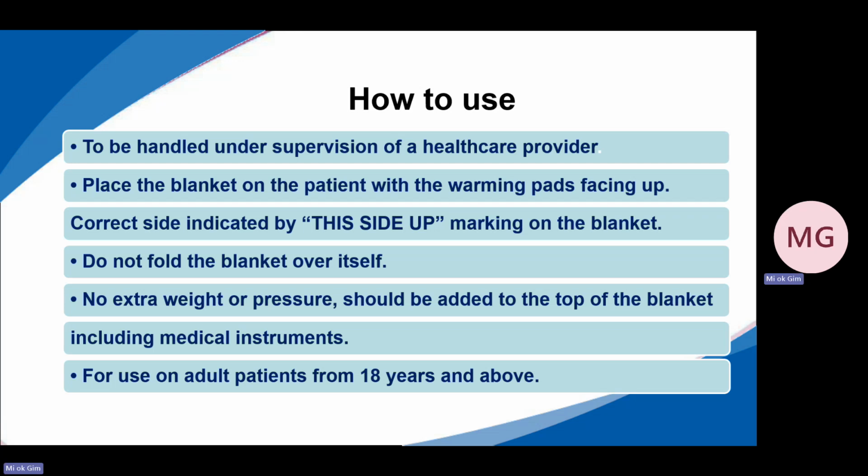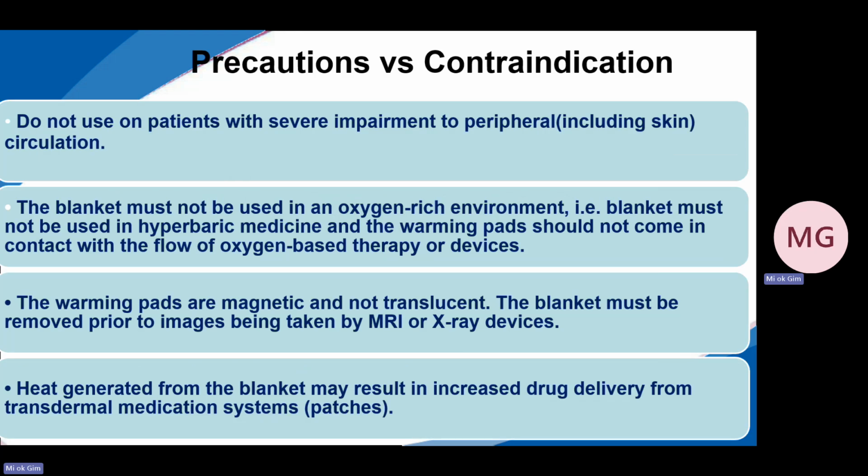I mentioned clearly no extra weight or pressure on top of the blanket, and it's for 18 and above. For precautions, anybody who has a severe impairment of peripheral circulation, we shouldn't use it. And it's not in our ward, but somewhere like an oxygen-rich environment, they shouldn't use it.